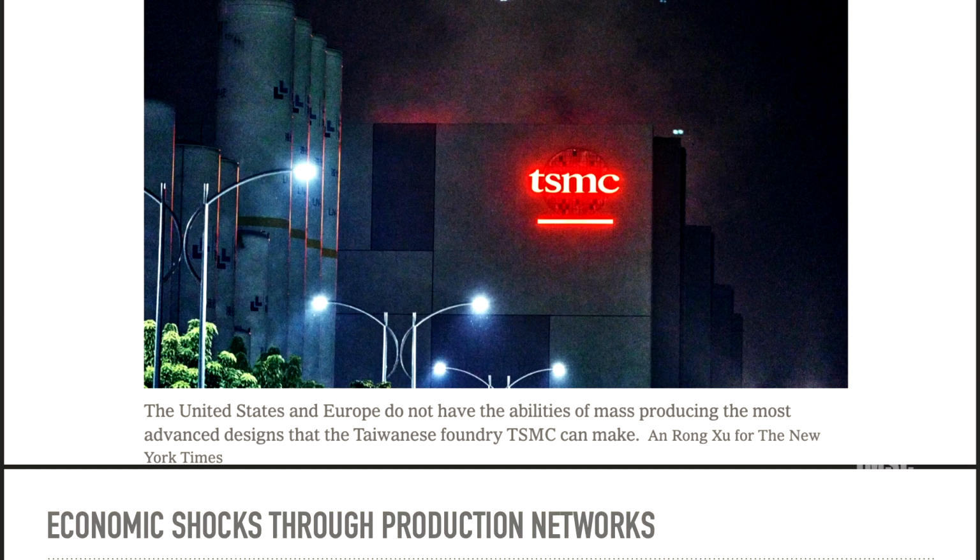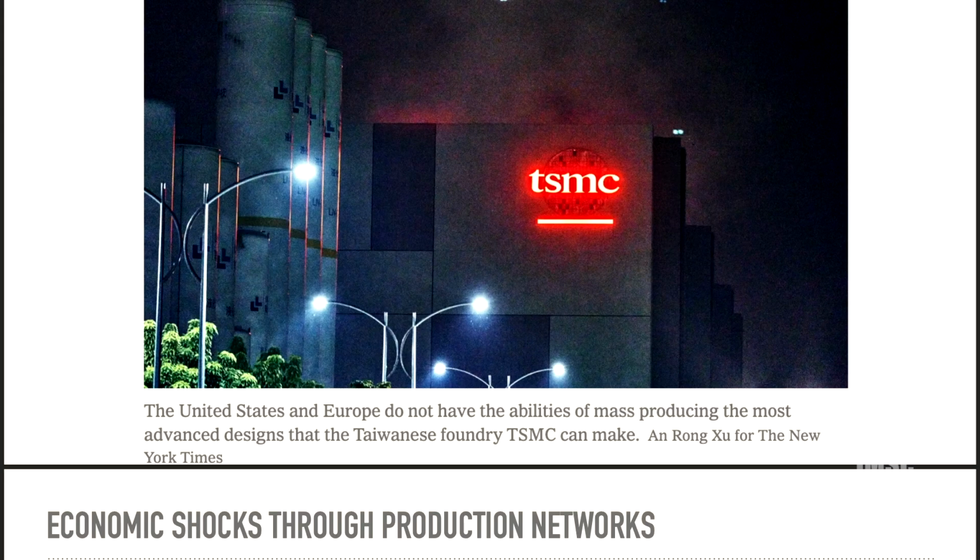This resulted in a chip crisis in other parts of the globe, let us say the US, UK and Europe, where we have seen mass layoffs as well, just because Taiwan Semiconductor Manufacturing Company was not producing enough chips. So, a disruption from a single firm resulted in a global cascade. This is one example.